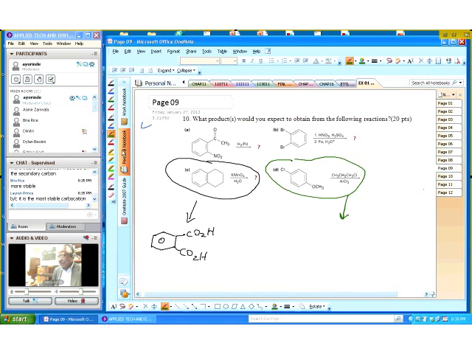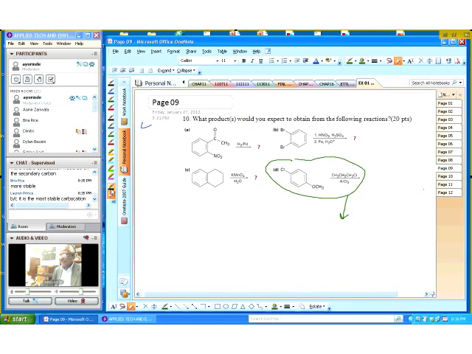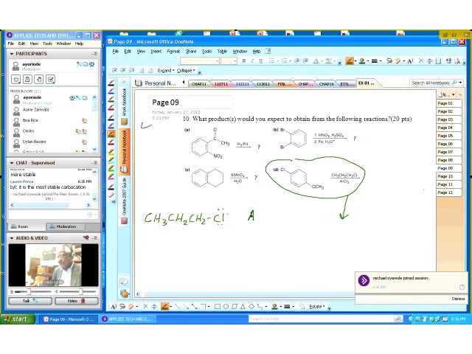Exactly. So if you remember, for this particular reaction here, if you want to perform a Friedel-Crafts alkylation, in this case we are starting with propyl chloride. Keep in mind, to generate the electrophile, the first thing that happens is the aluminum chloride is a Lewis acid.